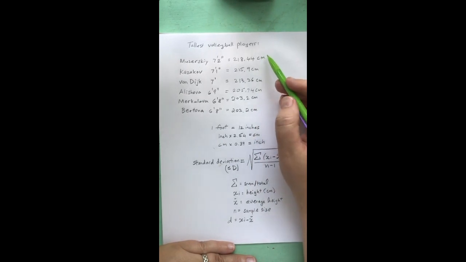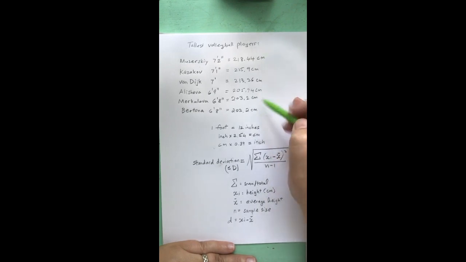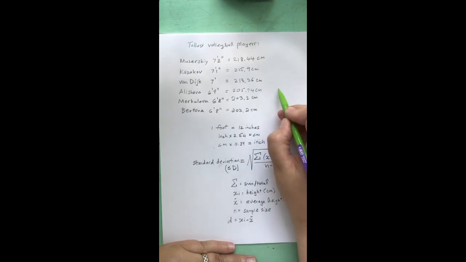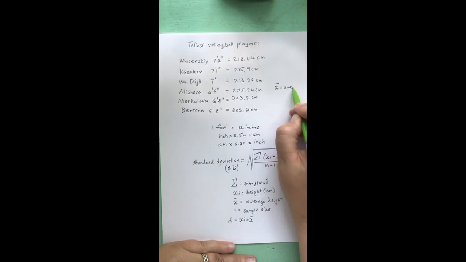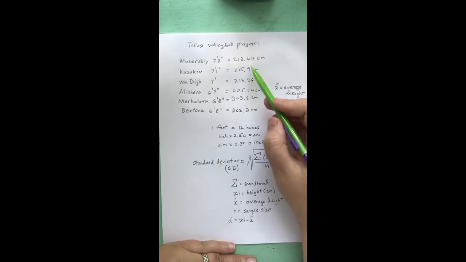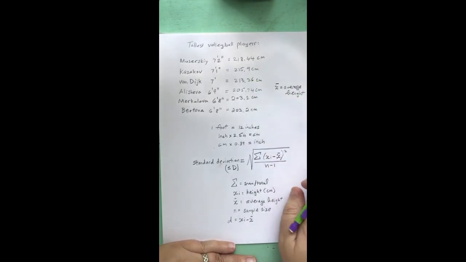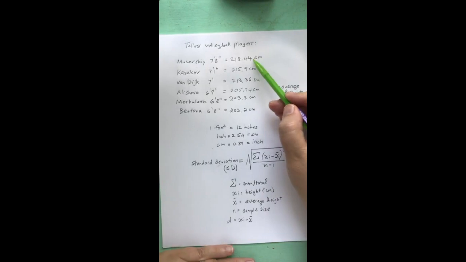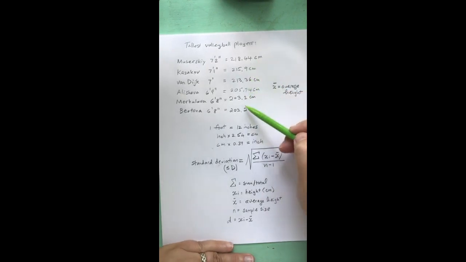Now, in a standard deviation calculation, we are interested in seeing how much deviation from the average height we have. So the next thing we have to do is to calculate the average height. X bar is going to be our average height. In order to calculate average height, you have to go ahead and add these 6 values together, and of course divide by 6. So take a moment to do that.